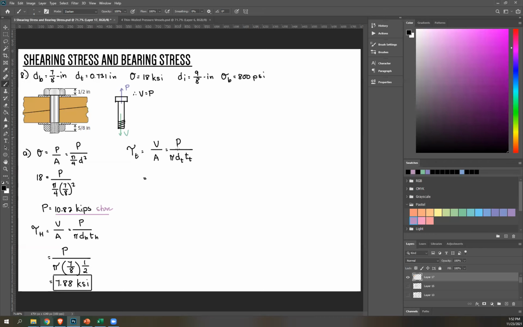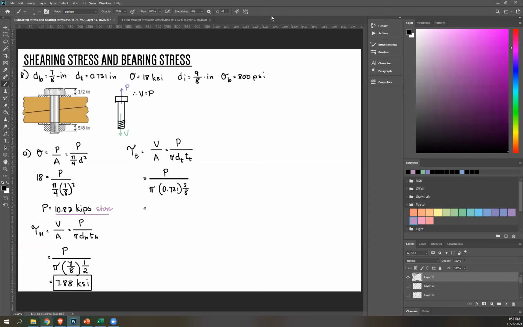Again, P is this, kips, so keep that in mind. Pi, diameter of threads, given 0.731, and then thickness of thread, given in the drawing, 5/8. From this, we solve what's shear stress.